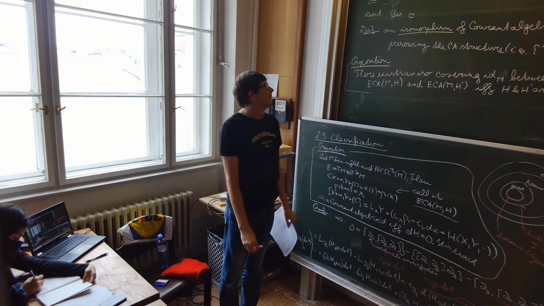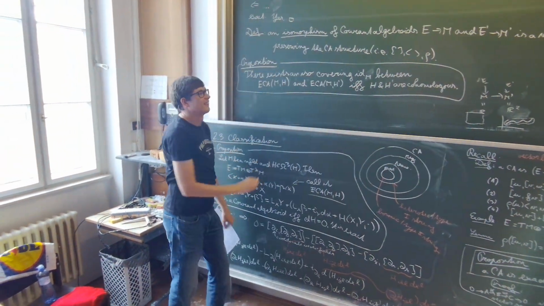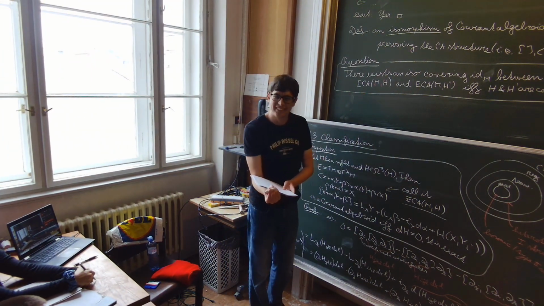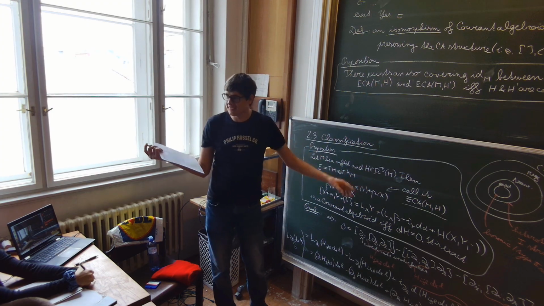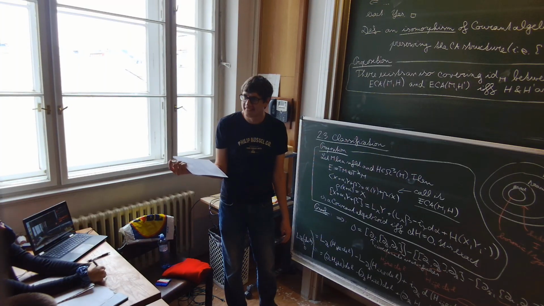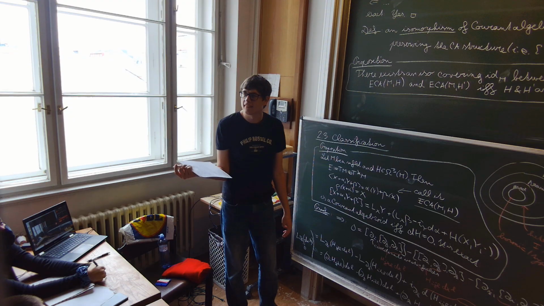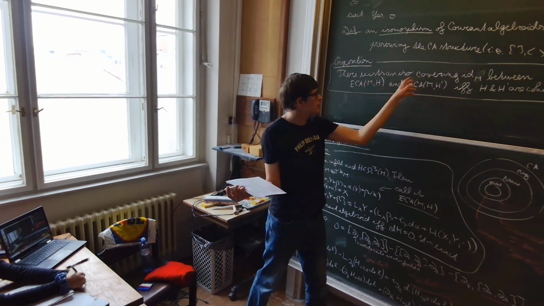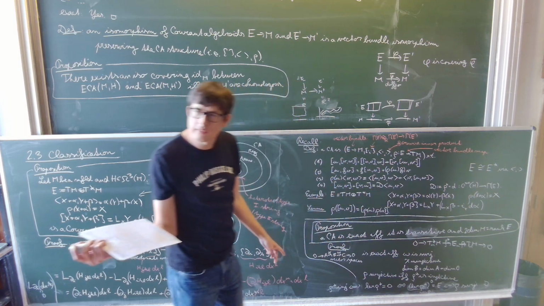So this example is called ECA M H. If H is exact, then this is the same as the one without any H.